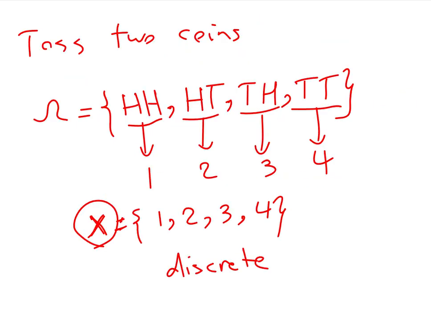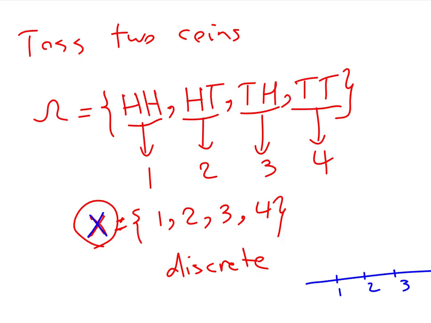Another example. In this example, tossing 2 coins, we have this random variable X that takes these values. If we want the PMF, we should plot such a plot.